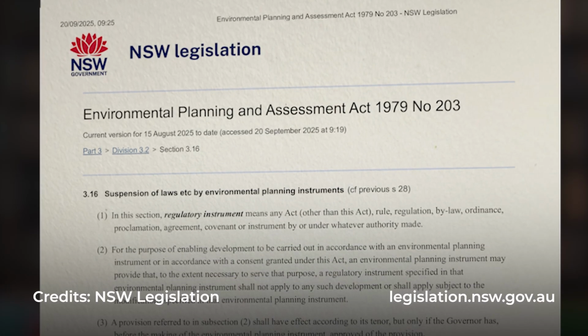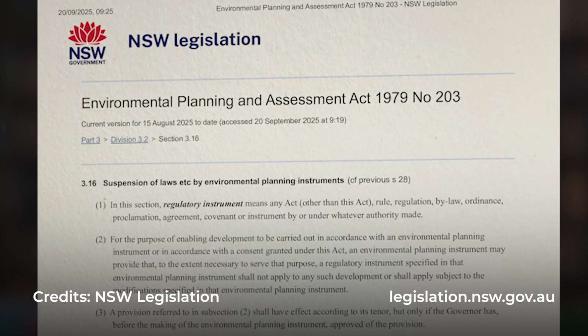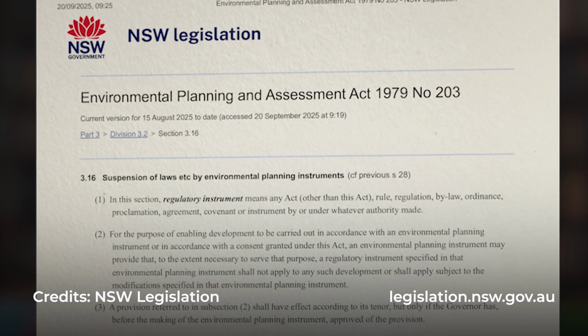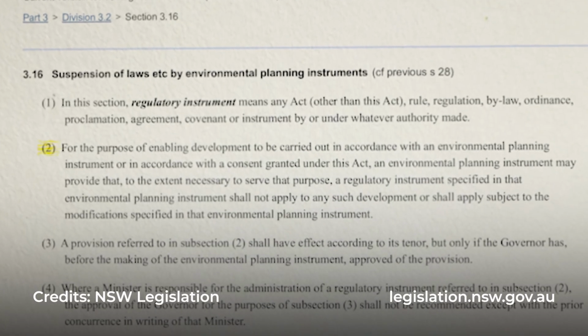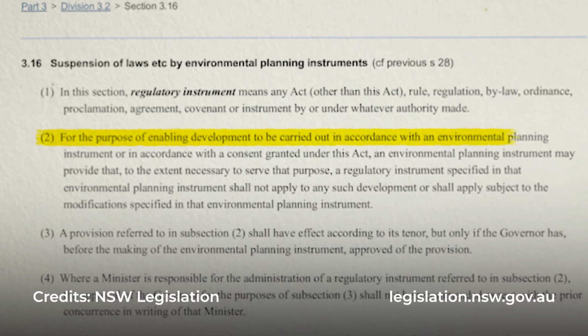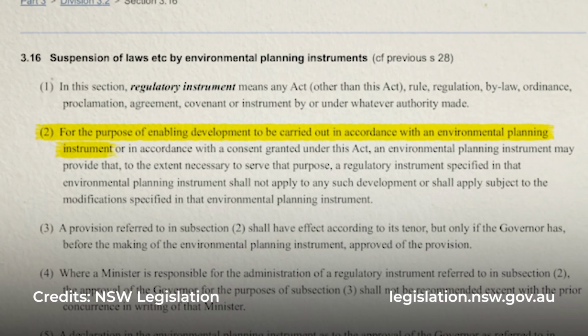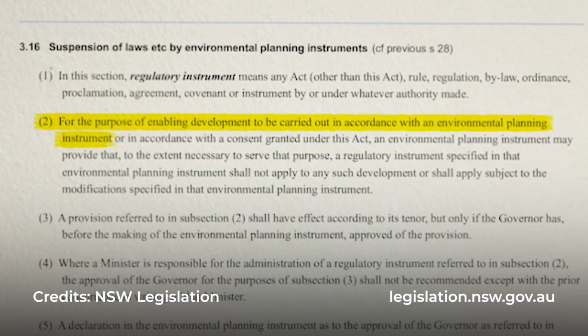And that source of power, if you like, is found in section 3.16 of the Environmental Planning and Assessment Act. Subsection 2 there says, for the purpose of enabling development to be carried out in accordance with an environmental planning instrument. So an LEP, a local environmental plan, is a type of environmental planning instrument.